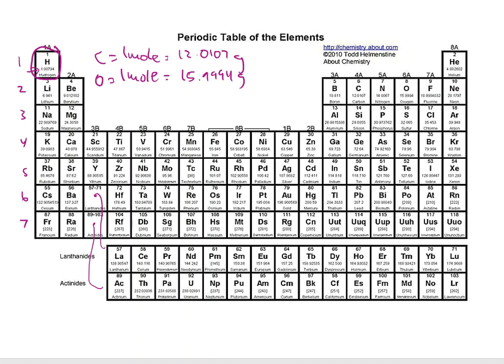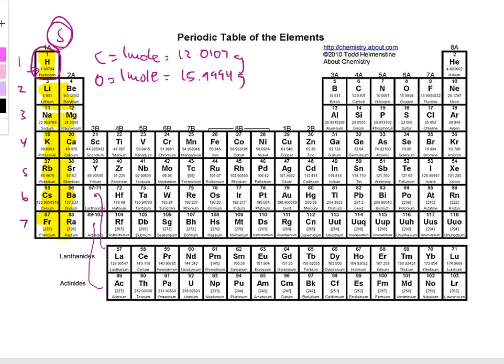And here's the deal. Anything that's in these 2 columns, those are all regarded as the S subshell. If we go through elements in this area, we are going through S's.